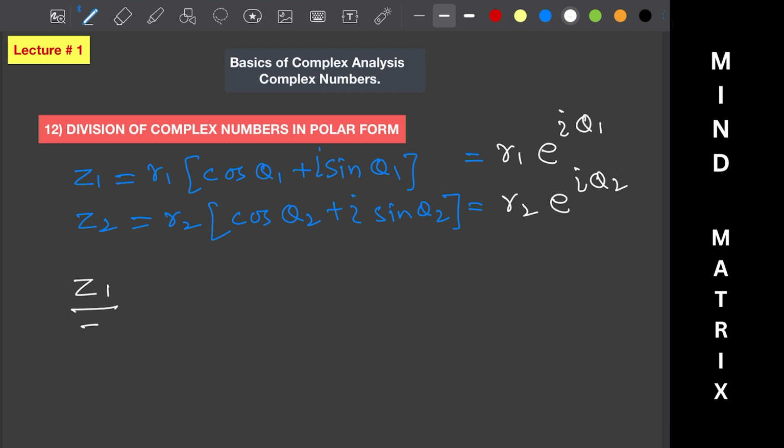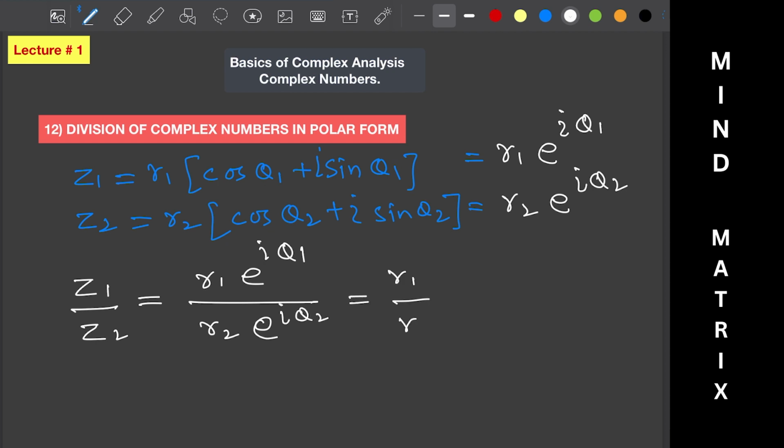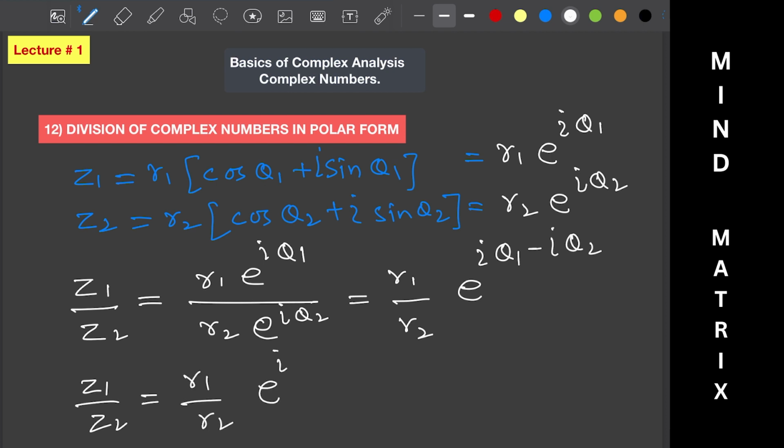Division of these two complex numbers in polar form is r1 e power iota theta 1 over r2 e power iota theta 2. Now we will divide them: r1 over r2 and e power iota theta 1 minus iota theta 2. Now we are going to take iota as common, so we will have z1 over z2 equals r1 over r2 e power iota times theta 1 minus theta 2.